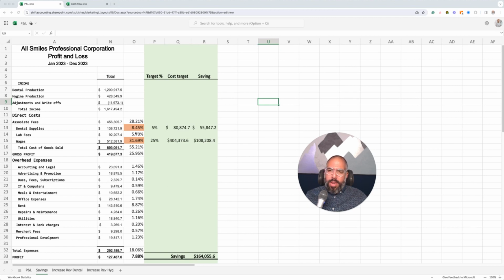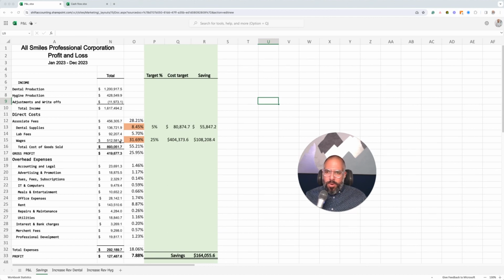Now, before we try to figure this out, I want to make sure that the data is clean. The dental supplies does not have subscriptions, doesn't have small equipment, doesn't have repair and maintenance. So all of that needs to be cleaned up, so we're not trying to solve the wrong problem.